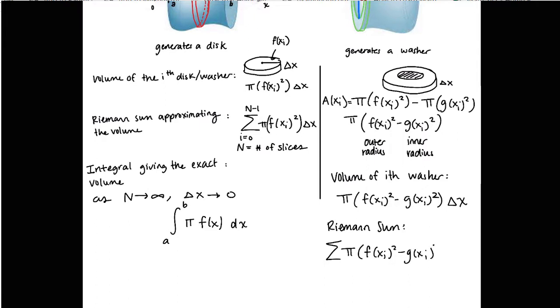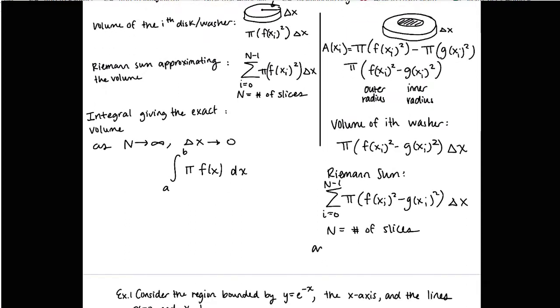So pi times f of x sub i squared minus g of x sub i squared, times delta x. The index ranges from 0 to when you stop your partitions, and n is the number of slices. Again, as n goes to infinity, delta x goes to 0, and we get our integral from where we started our washers at A to where we stopped our washers at B. The delta x goes to 0 and drops off, so we have pi times f of x squared minus g of x squared dx.